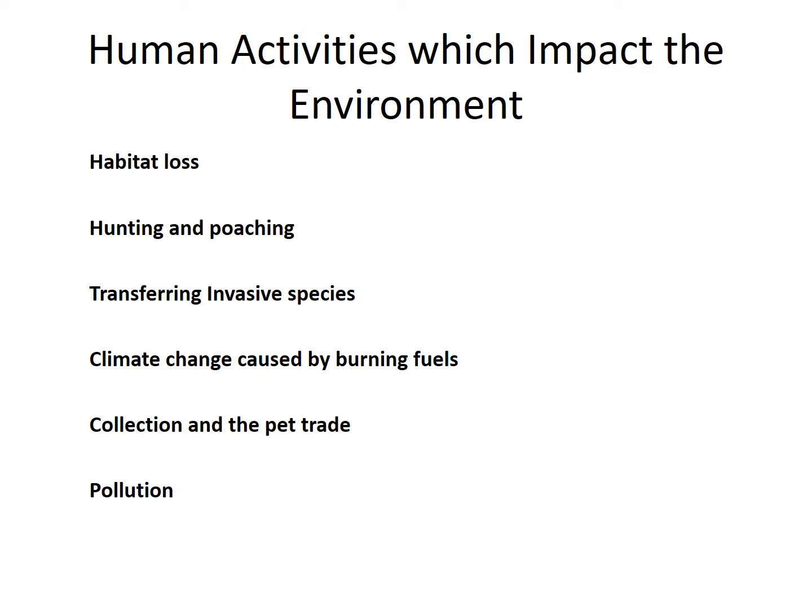Hunting and poaching, it makes fair sense. I think most people will go, well, I understand how that would affect the animals, but I'm just going to talk you through it. It's not so much that we can't hunt or fish animals, that we can't catch them and we can't use them.